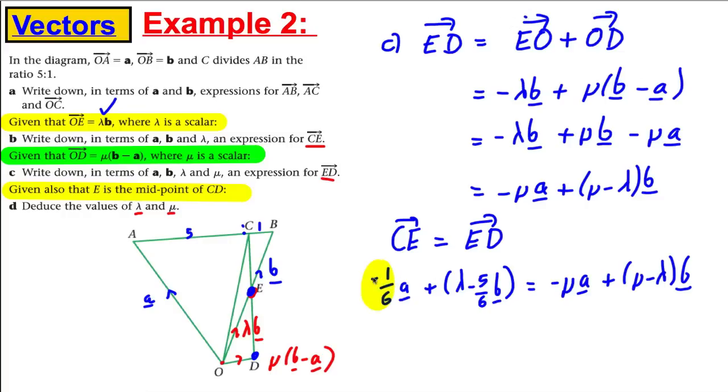We must have the same lots of A, so negative a sixth must be equal to negative mu, i.e. mu is equal to a sixth.